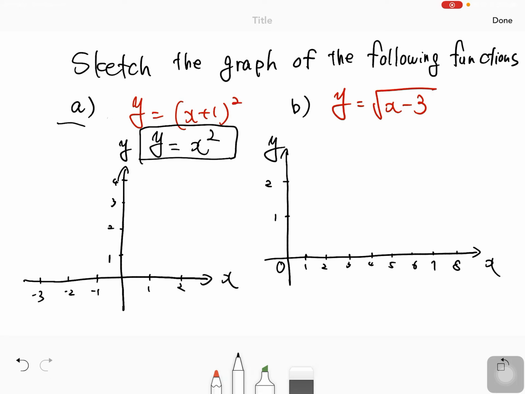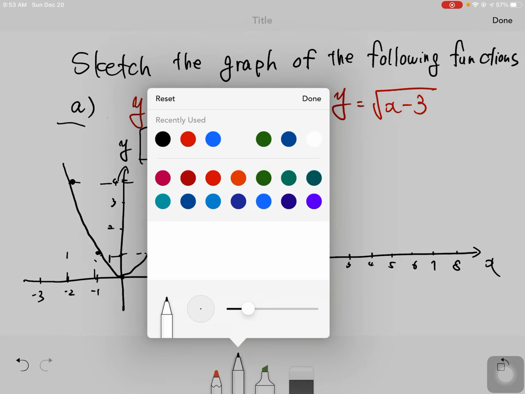It's gonna be pretty important later as well. So let's draw the graph of y equals x squared. The graph is gonna be like this.